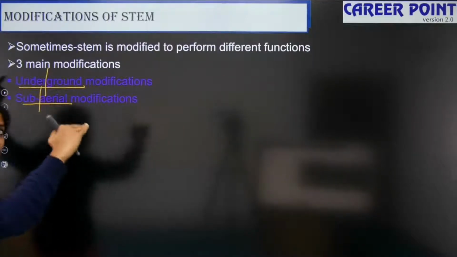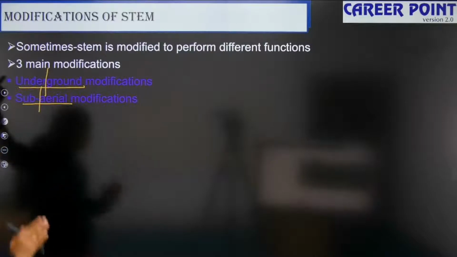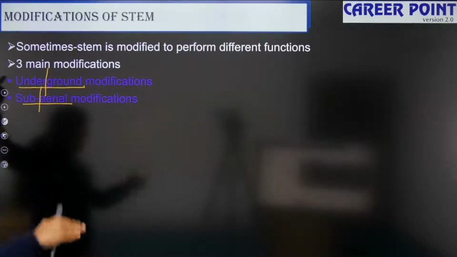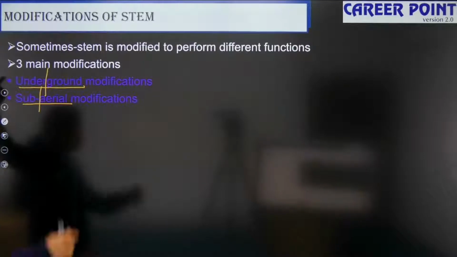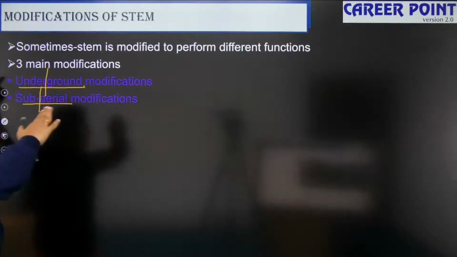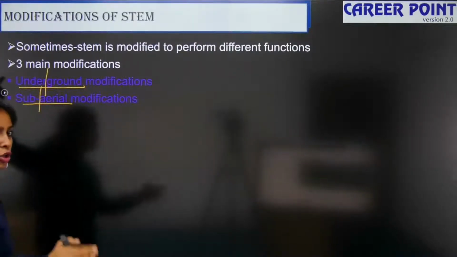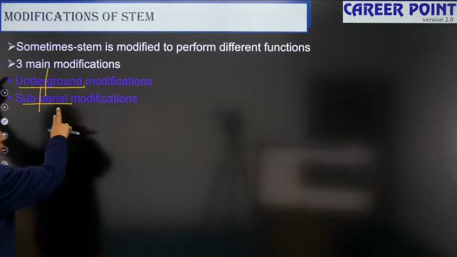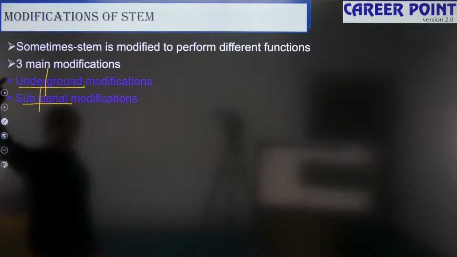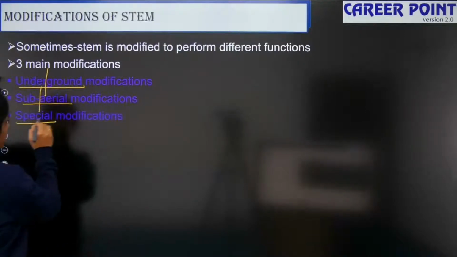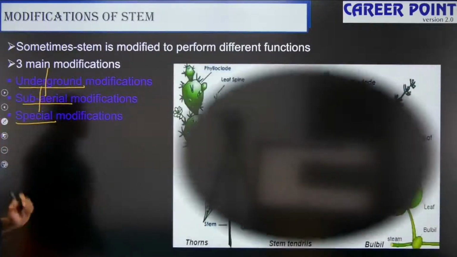Aerial is above the land; subaerial grows on land as well as below the ground. The stem is usually above the soil, but sometimes it also goes below the soil. The third one is a special type of modification. We'll talk about all three.